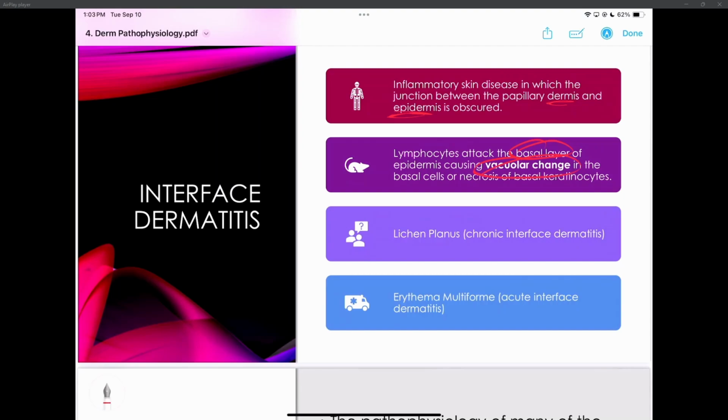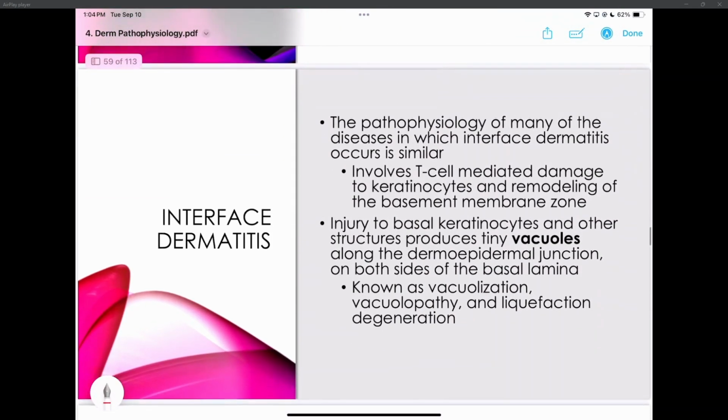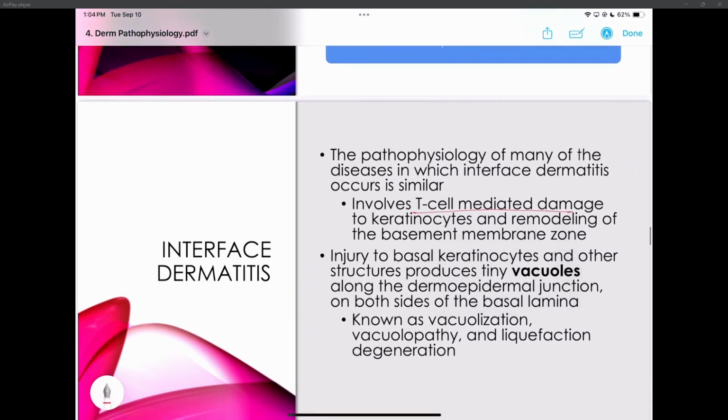The main one is lichen planus, also known as chronic interface dermatitis. There's the acute form of this, and that's called erythema multiforme, which is the acute version of interface dermatitis. Obviously, we'll go through reasons for that in a second. So interface dermatitis involves T-cell mediated damage of your keratinocytes and remodeling of that basement membrane zone.